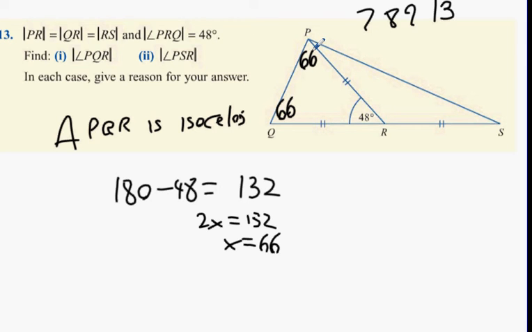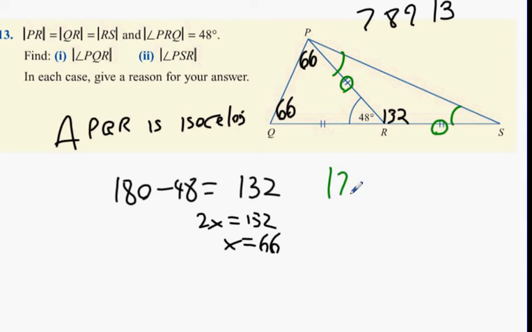Okay. We then go across here and we use the straight angle. So what do we know about the straight angle then? So it makes the other one 132. Once again, this is also an isosceles triangle because it says this length is the same as this one, which in turn means this angle is the same size as that one there.